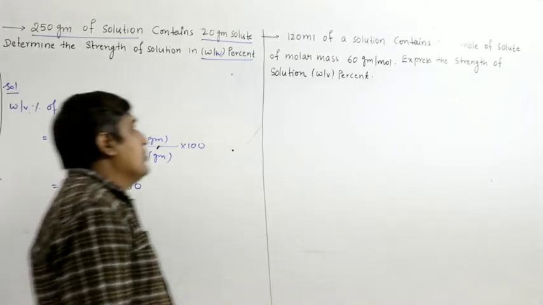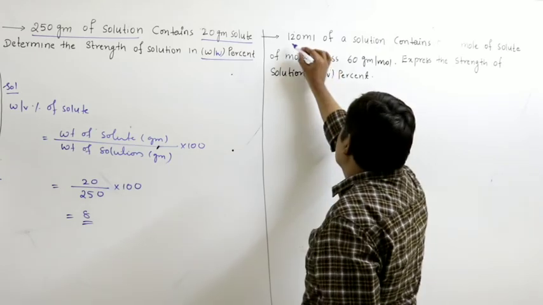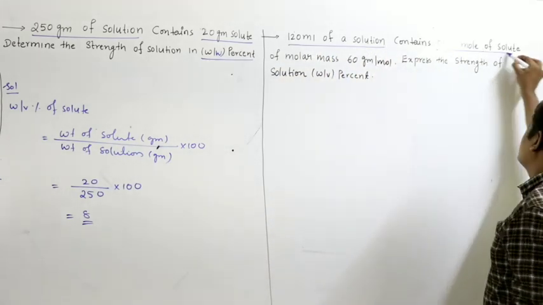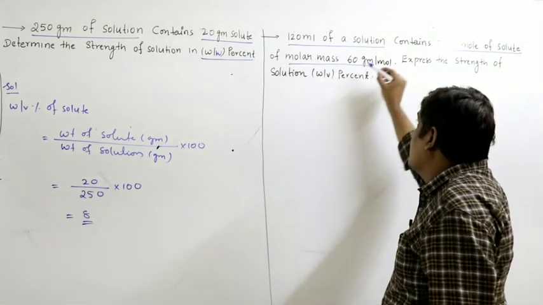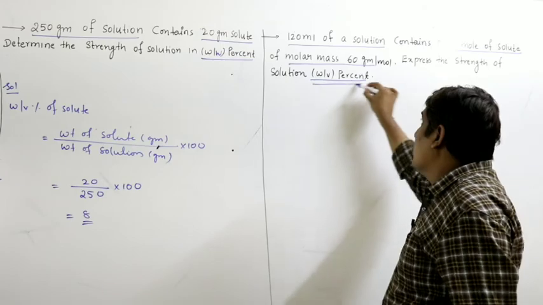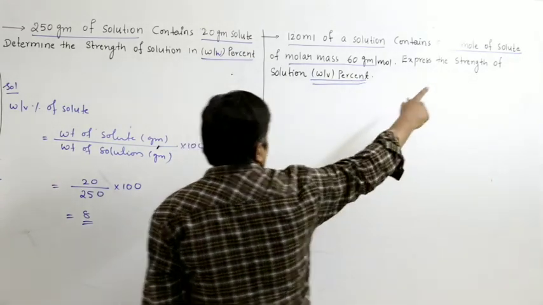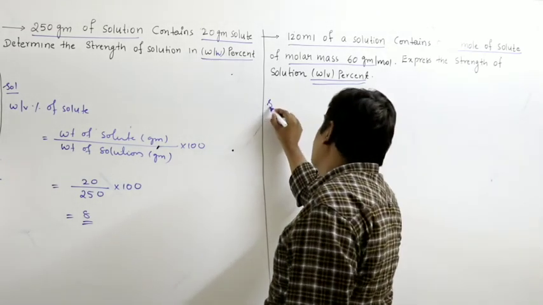Coming to the next one: 120 ml of solution contains, so the volume of solution is given, the number of moles of solute is given, and of course its molecular weight is also given. We have to find weight by volume percentage. So convert this number of moles into weight.